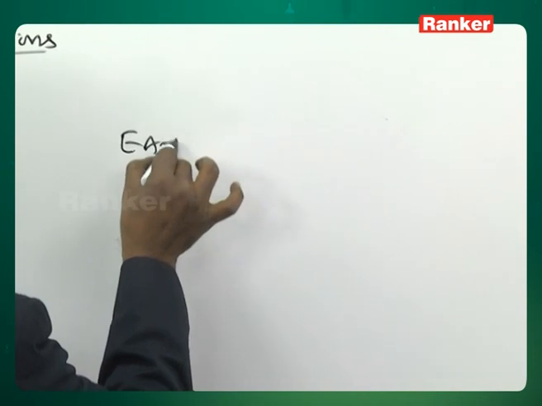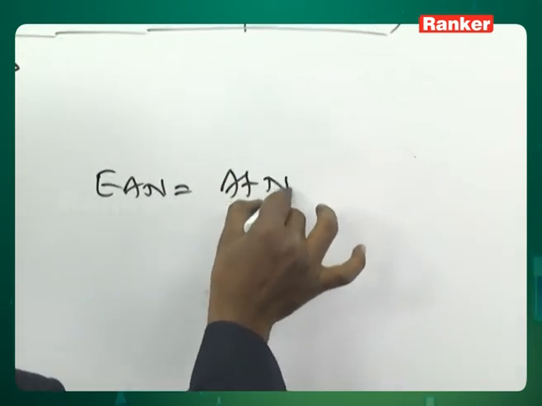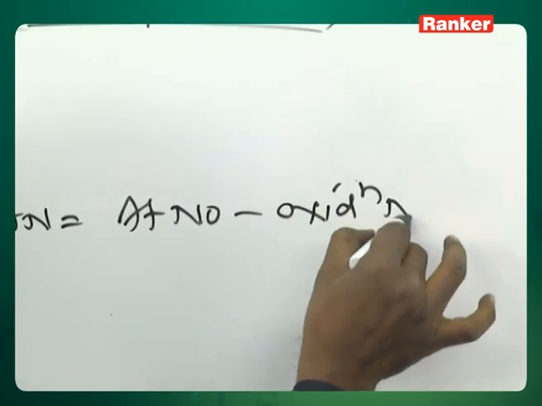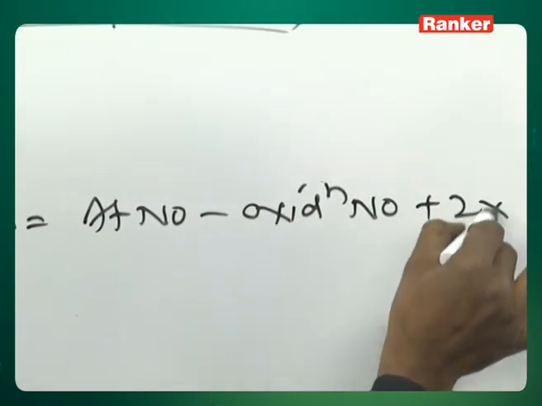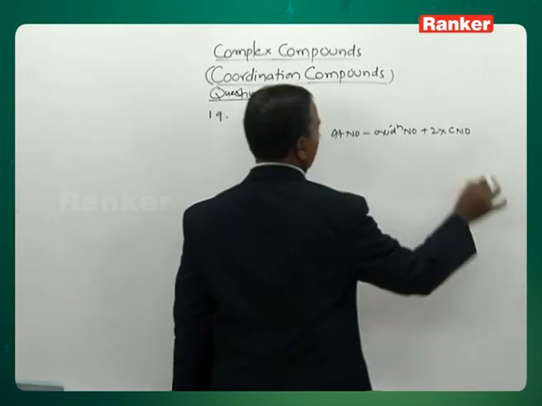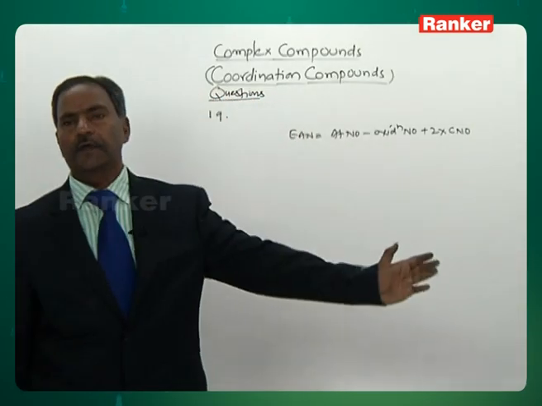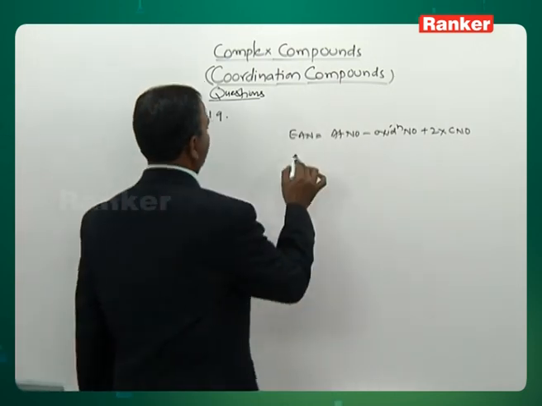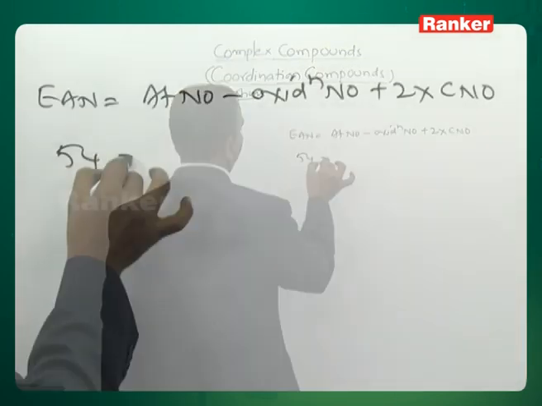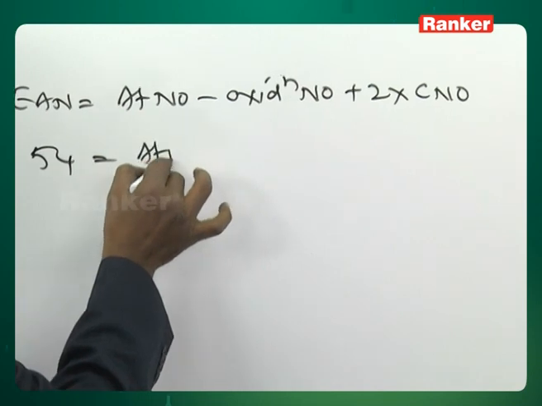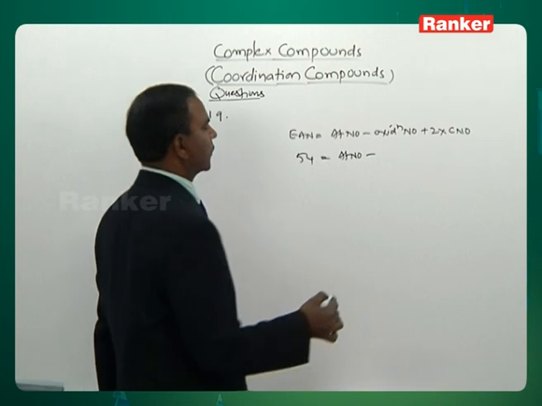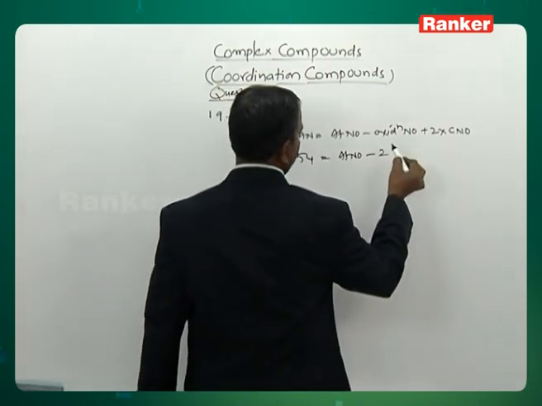EAN is equal to atomic number minus oxidation number plus 2 into coordination number. This is the equation to calculate EAN. What is given? EAN 54. Let us put EAN as 54. But what is asked? The atomic number, not given, we have to calculate. The oxidation number mentioned is +2, therefore minus 2.